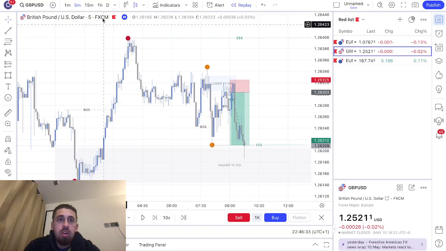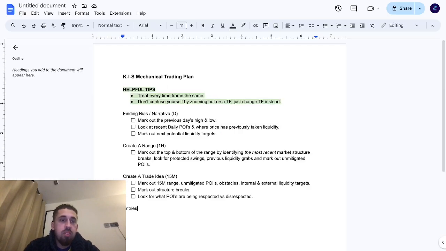So what we need for an entry then, 5 and 1 minute. So we're gonna mark out structure breaks. Mark out POIs.